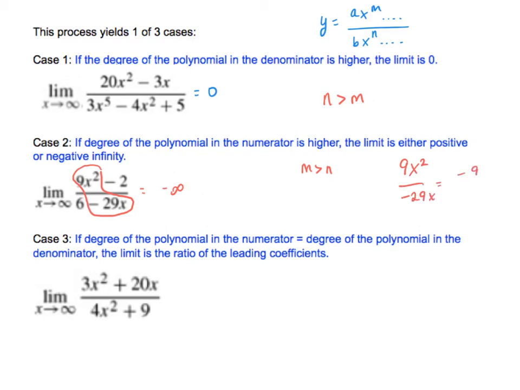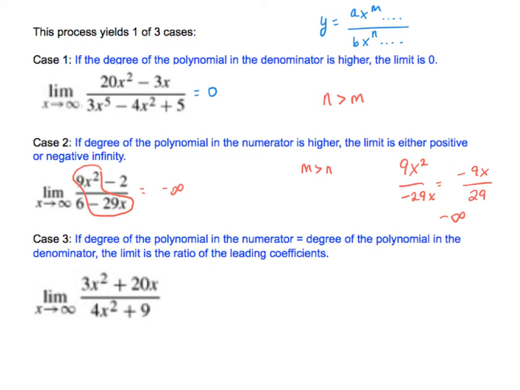That results in a negative 9x over 29. So the fact that the coefficient is negative is what's going to tell us that this is a negative infinity scenario. Unless, of course, right, be careful, I was actually evaluating this limit at negative infinity.